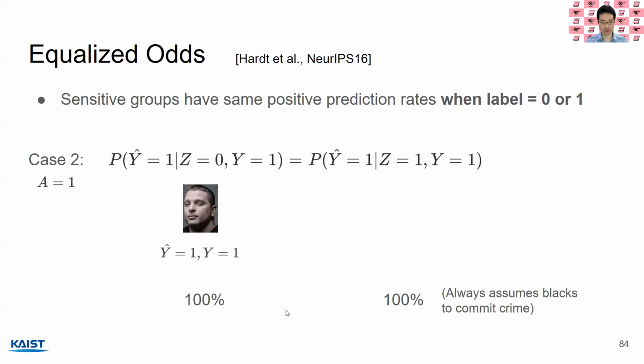What about case 2? Here, let's say that this white person eventually commits a crime. The probability is 100% because there's one positive prediction. For the black people, my example was so small that I don't have data for this, but remember the perceptron always returns true for black people, so I can just say that this is 100%. So in this case, we have fairness for case 2.